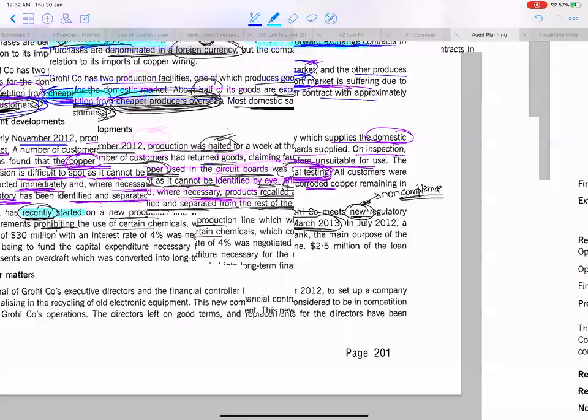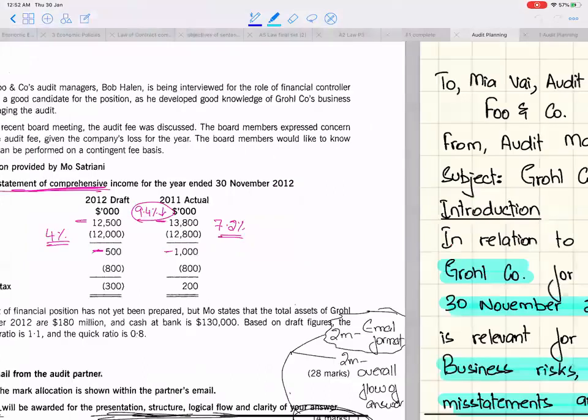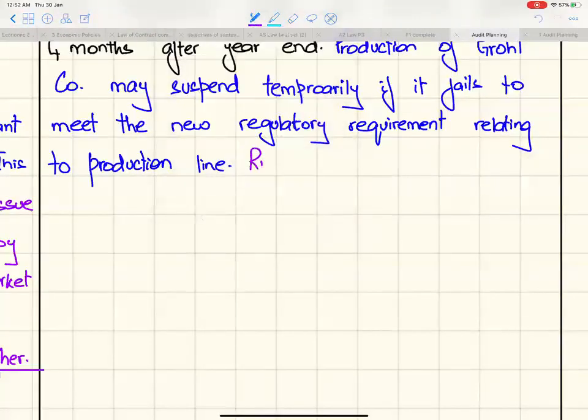So, risk is higher. Now see my evaluative comment.